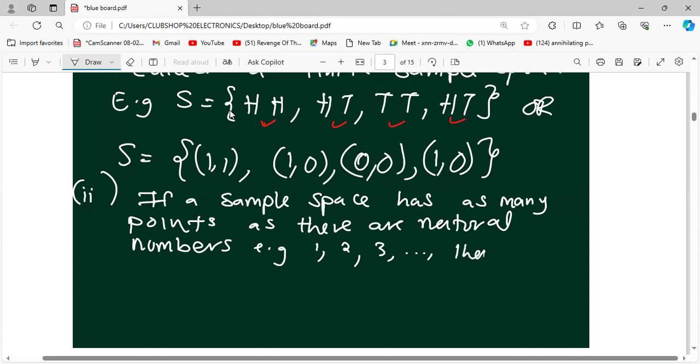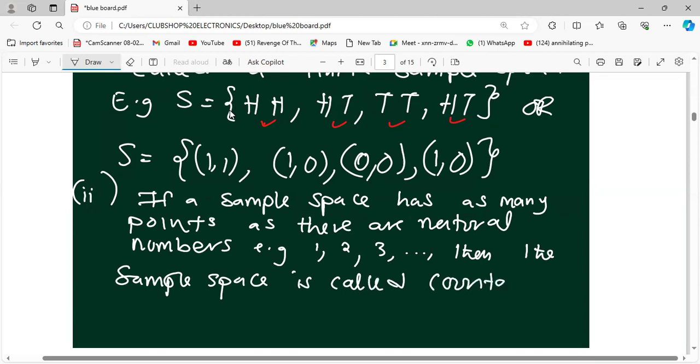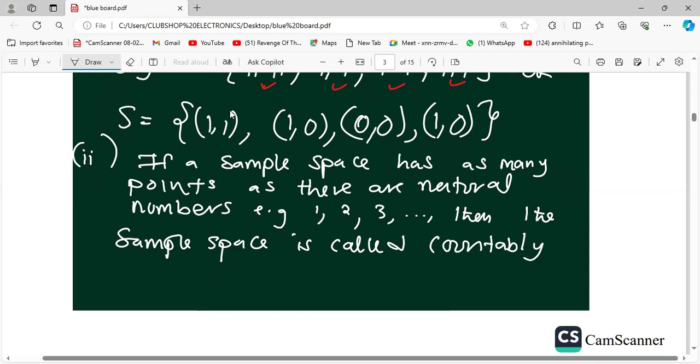Then the sample space is called a countably infinite sample space.